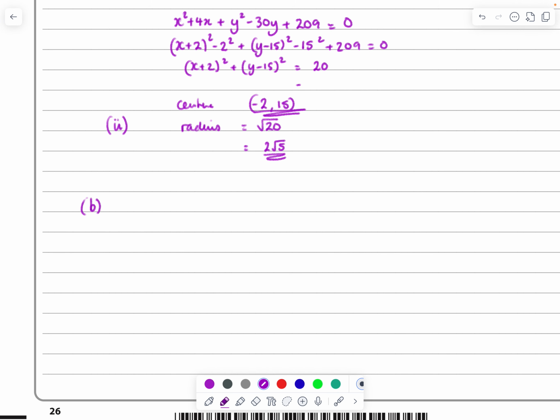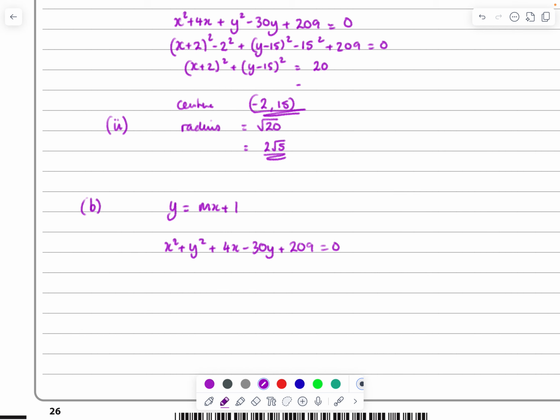But what I'm going to do is I'm going to say, okay, I've got the line y equals mx plus 1, and I've got the circle x squared plus y squared plus 4x minus 30y plus 209 equals 0. What I'm going to do is put them equal to each other.